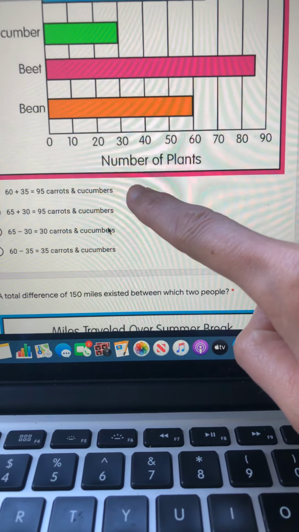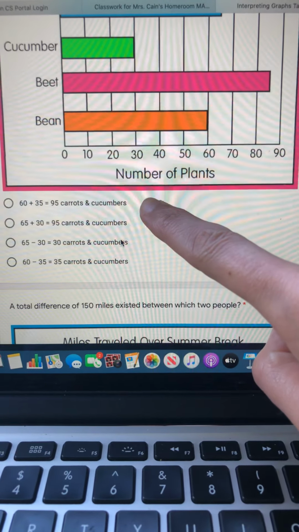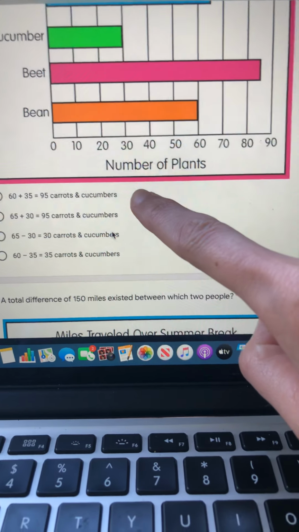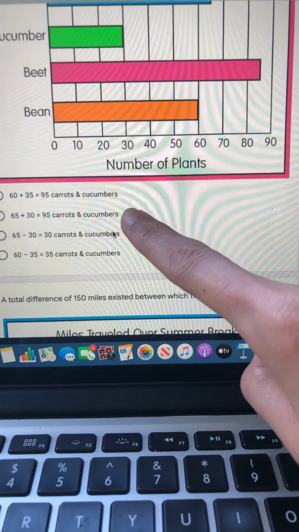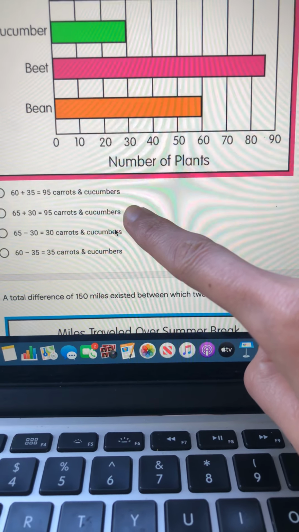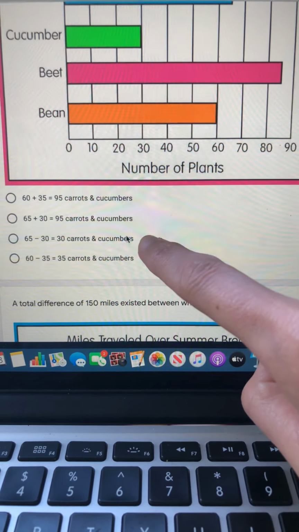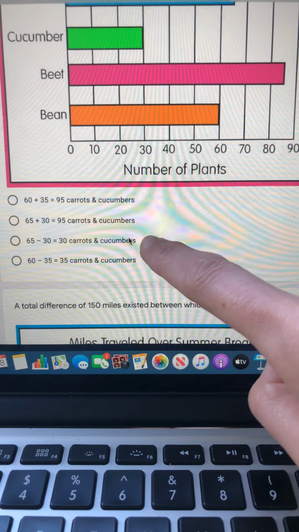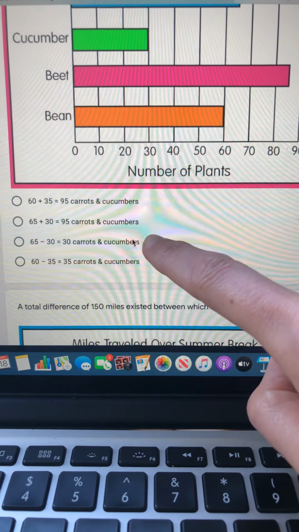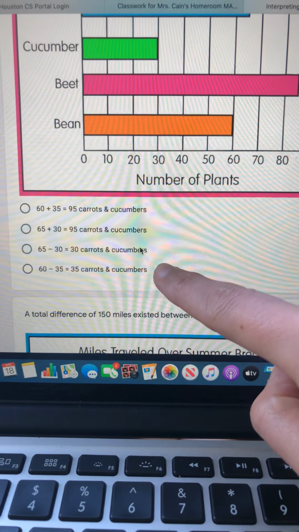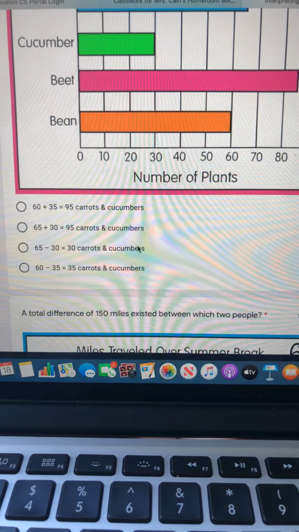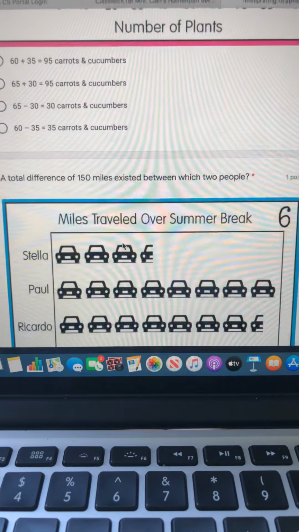Is it 60 plus 35 equals 95 carrots and cucumbers? 65 plus 30 equals 95 carrots and cucumbers? 65 minus 30 equals 30 carrots and cucumbers? Or 60 minus 35 equals 35 carrots and cucumbers?